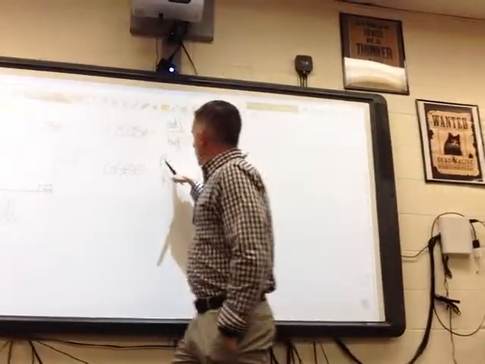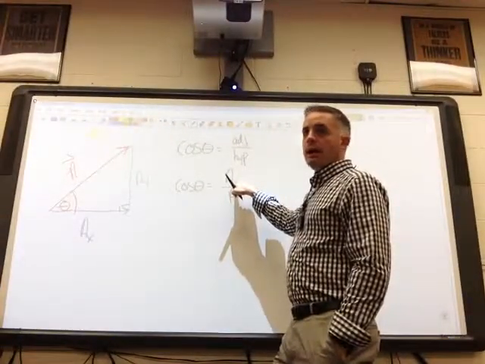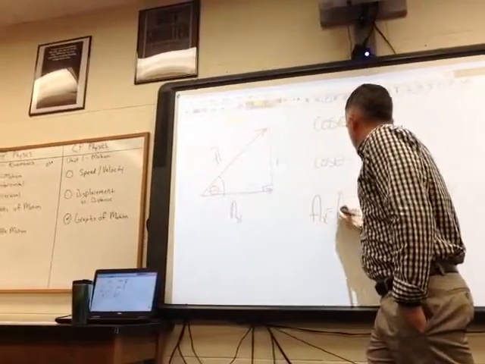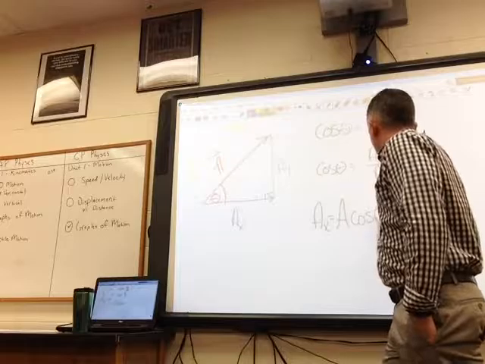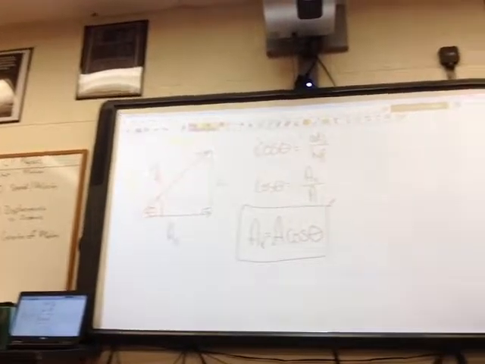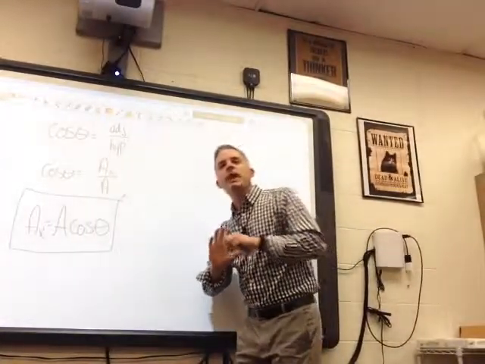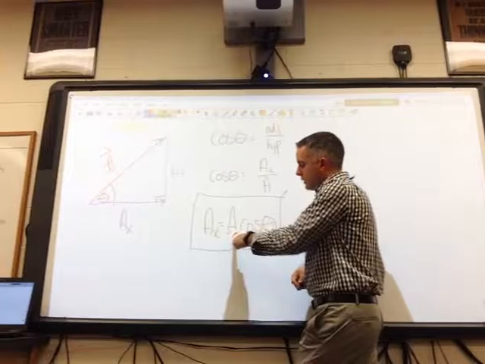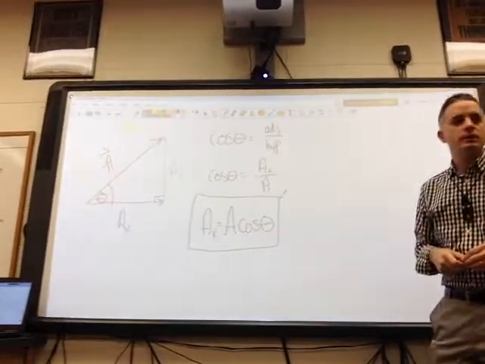Again, now we want A sub x, right? So when I want to find the x component of any vector, it's going to be the magnitude of the vector times the cosine of the angle it's traveling at.